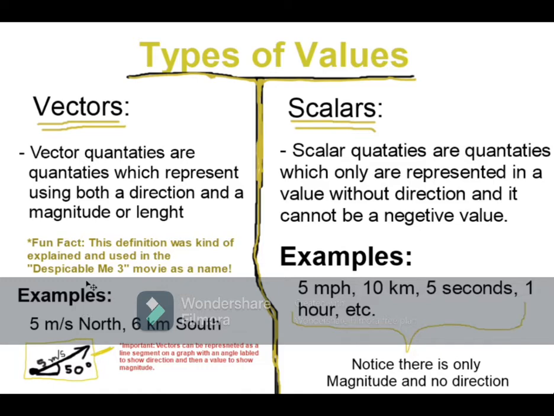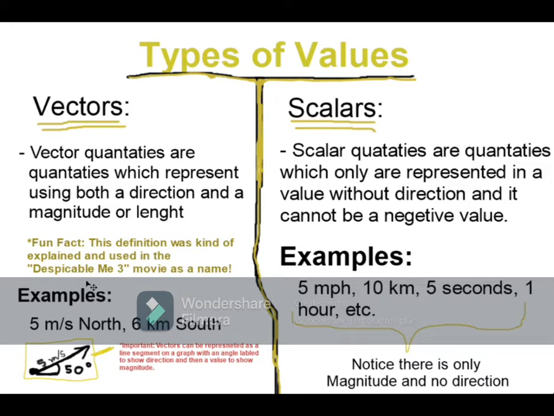If you say 5 meters per second only, that would be speed, not velocity. And 6 kilometers south would be displacement, because it has a direction. If it was negative 6 kilometers south, it would still be displacement. And without the south, instead of displacement, it would be considered distance.